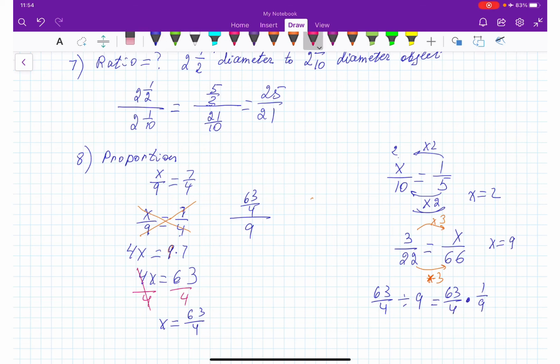Why? Because when we have 9, it's 9 over 1, right? So flip the second fraction. All these operations I will have at the end of the screen, a reference to the video where I explain operations over fractions. And it's going to be, this is 1, this is 7, and I'm getting 7 over 4.